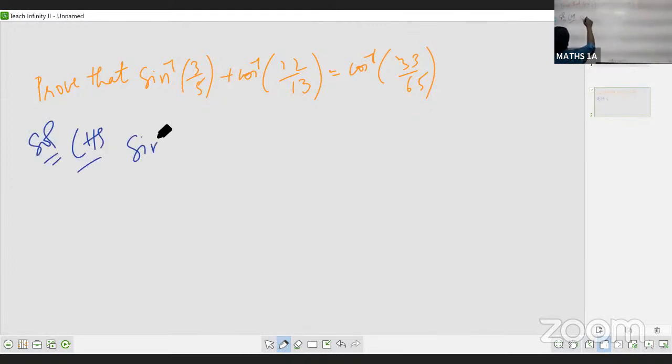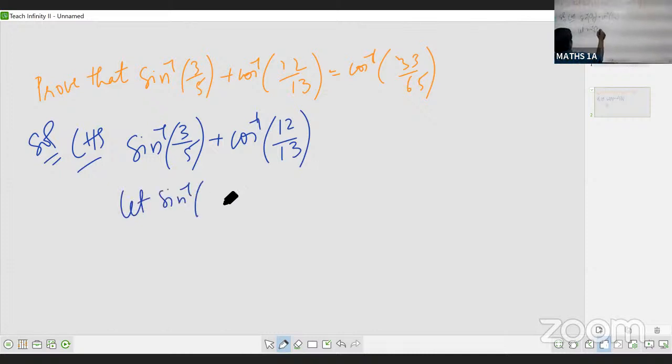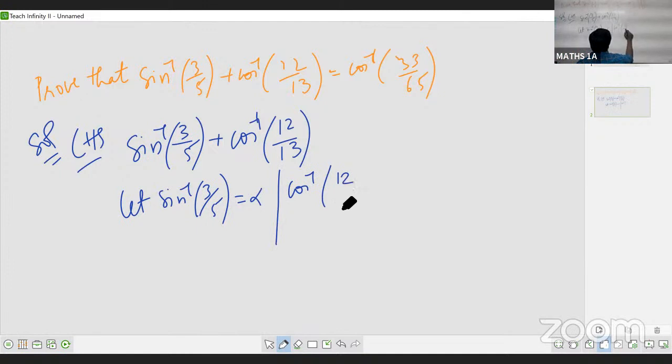LHS: sine inverse of 3 by 5 plus cos inverse of 12 by 13. Sine inverse of 3 by 5, you take it as alpha. Cos inverse of 12 by 13, you take it as beta.